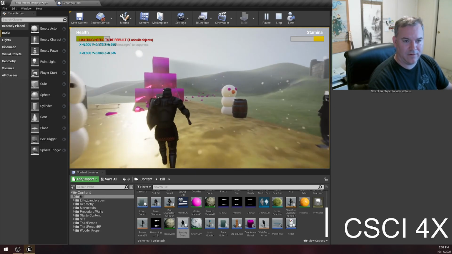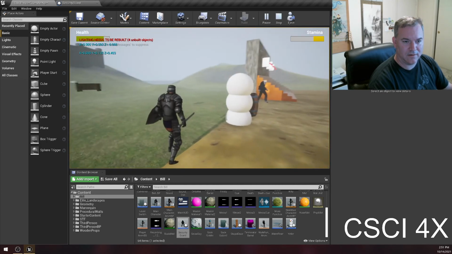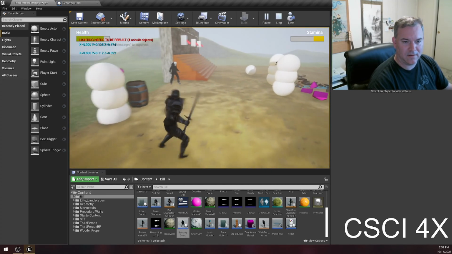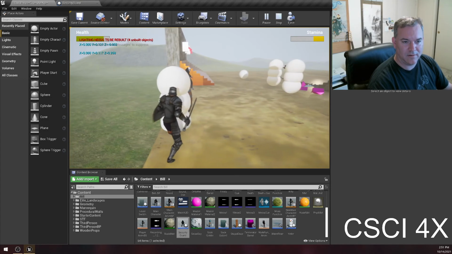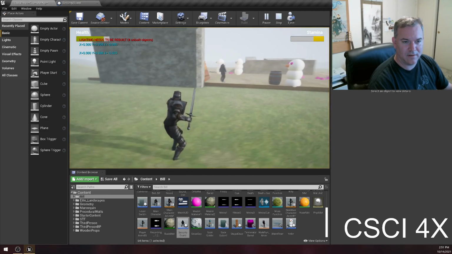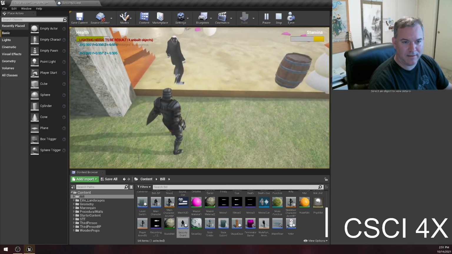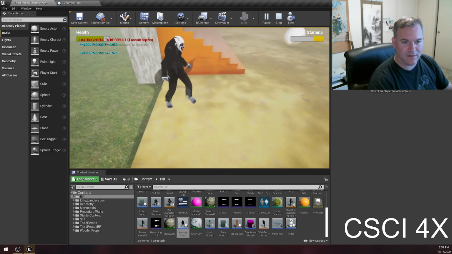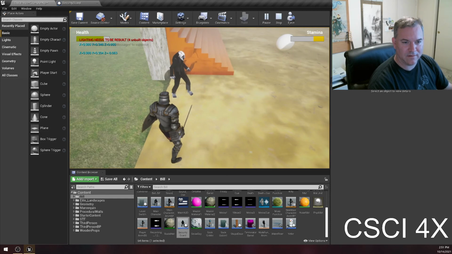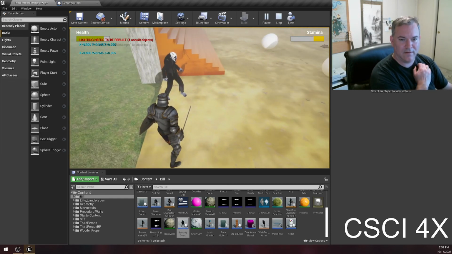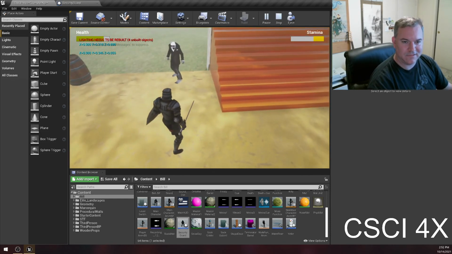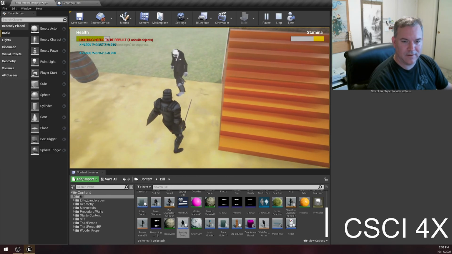Okay, so you can see the cross product changing. I'm behind him now. It's off at 90 degrees, it looks like. It's probably because I rotated him. It's frustrating.